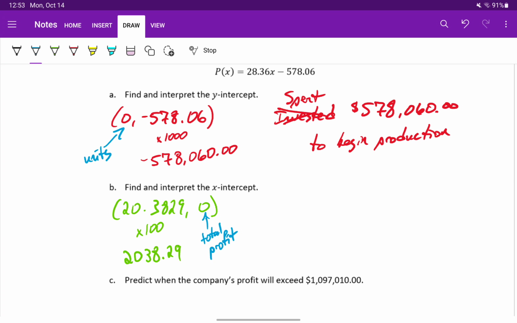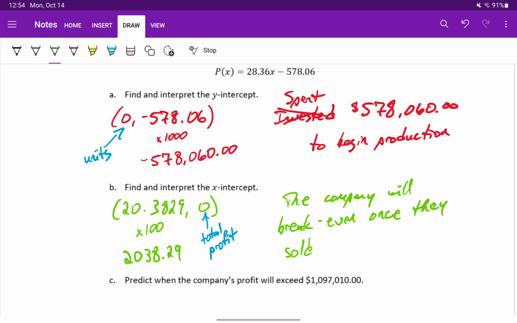But when our total profit is 0, that's our break-even point. So our company will break even once they've produced and sold 2,038 units or 2,039 units.